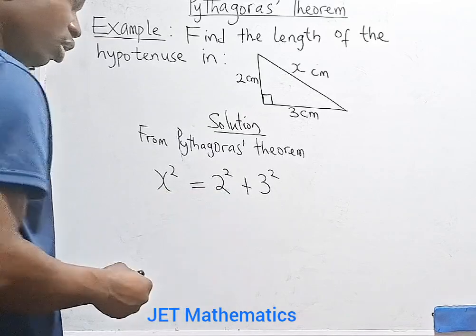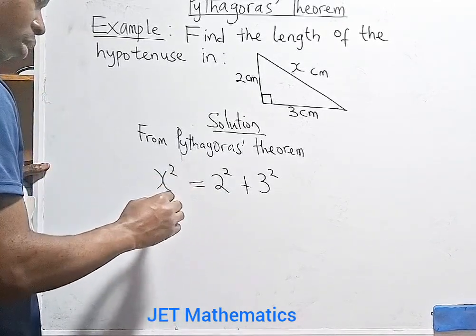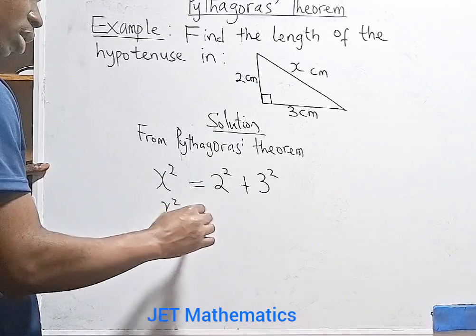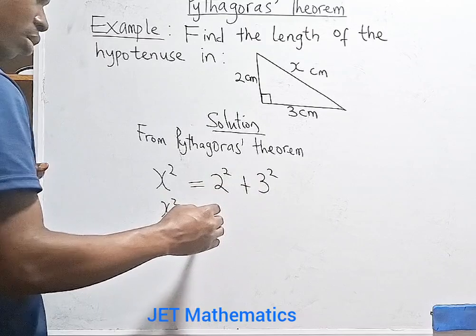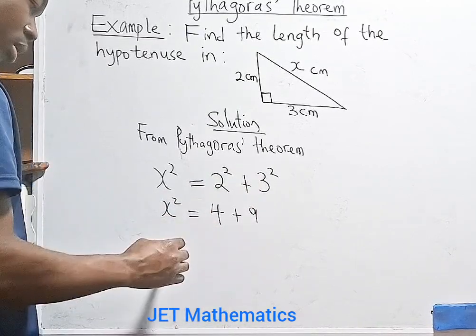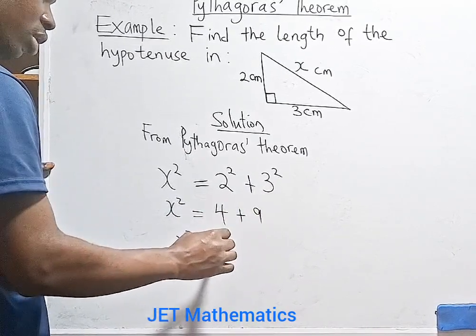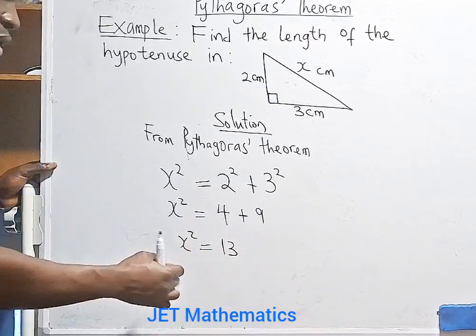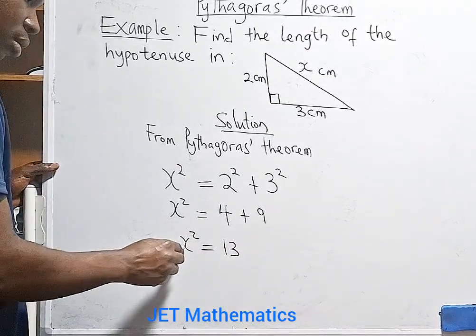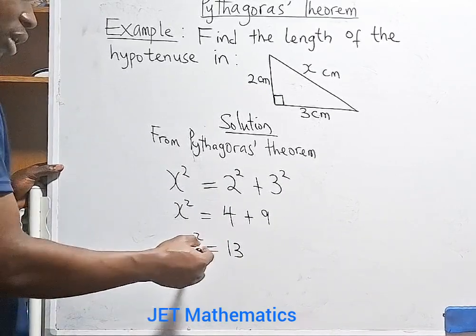So we can solve this straight away. Here we get s squared equals 4 plus 9. s squared is equal to 13. So to get s, we'll take the square root of both sides.